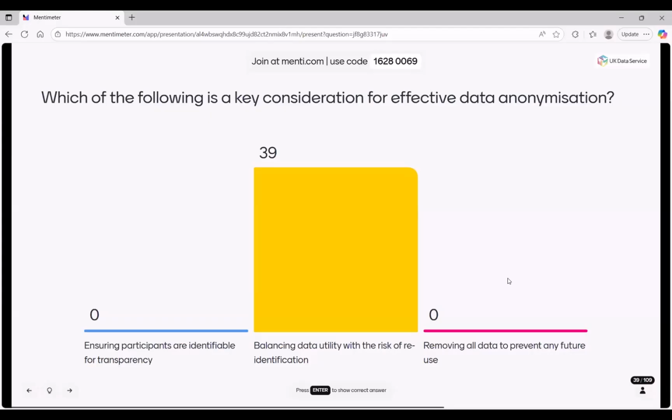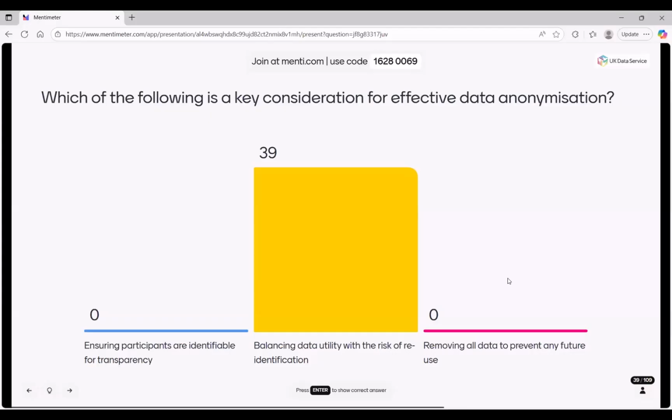So yeah, that is right, because researchers must ensure that the information remains useful while still protecting individuals' privacy. If too much detail is removed or generalized, the dataset may lose its value for meaningful analysis, making it less impactful for research. On the other hand, if too much detail is retained, there is a greater chance that individuals could be re-identified, especially when the data is combined with other publicly available information.